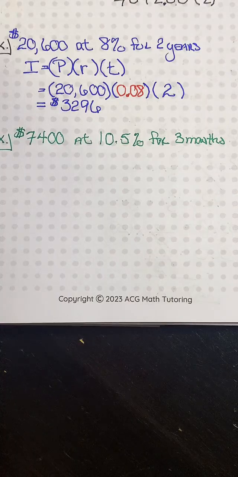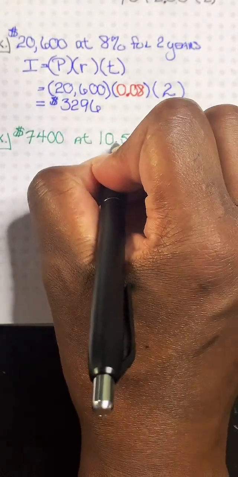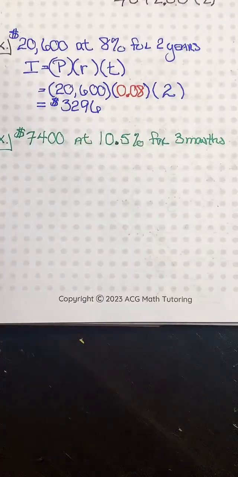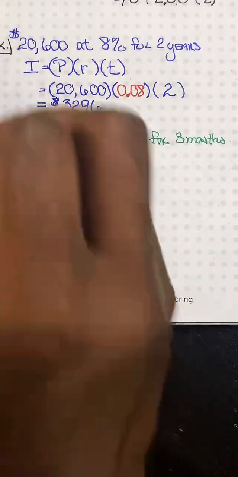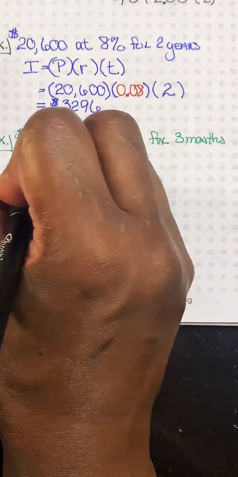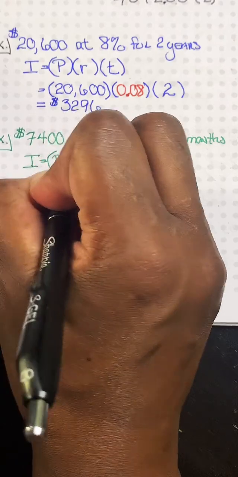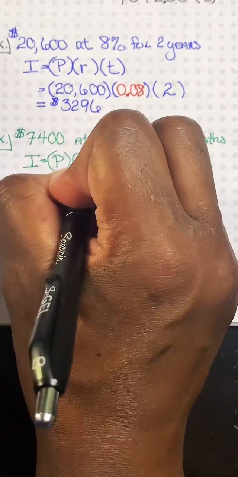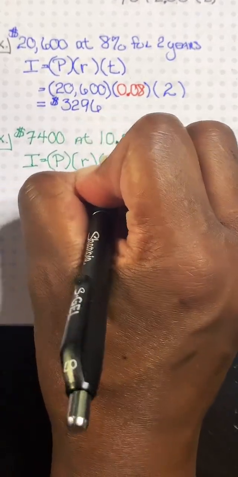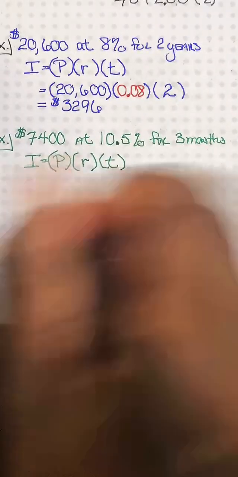A couple things need to change. So we still have our formula. We've got our interest equals our principal times our rate times our time.